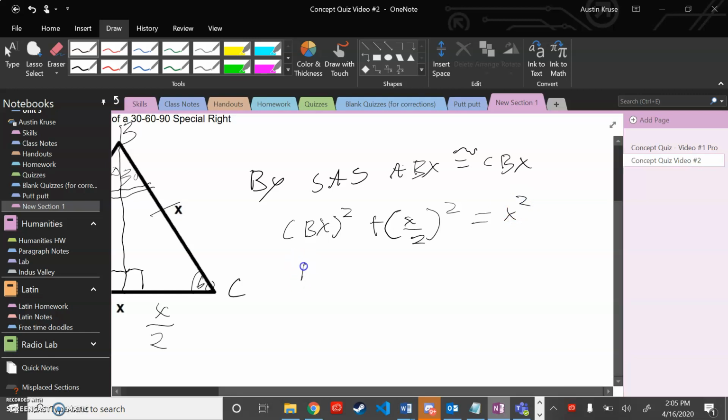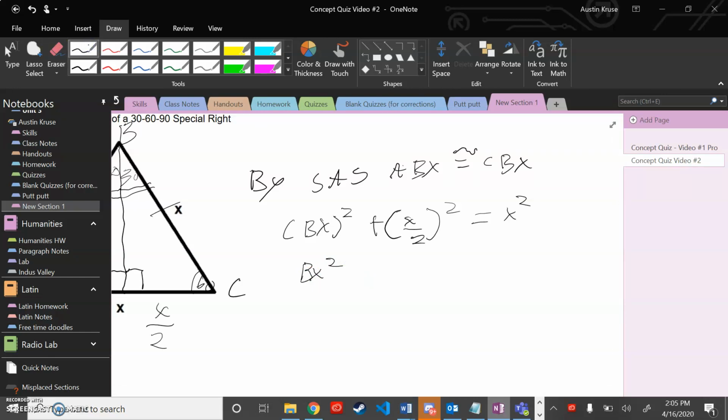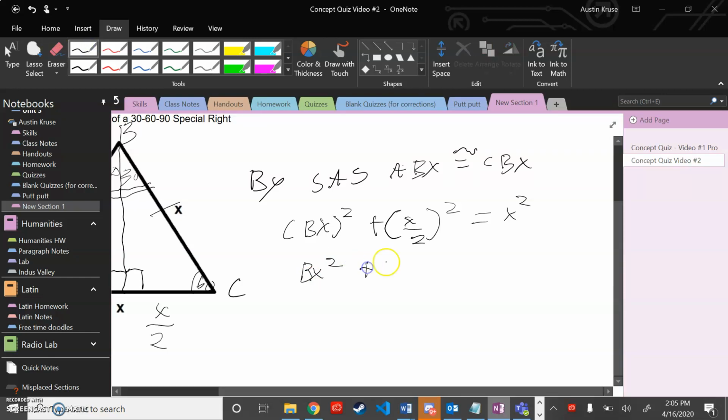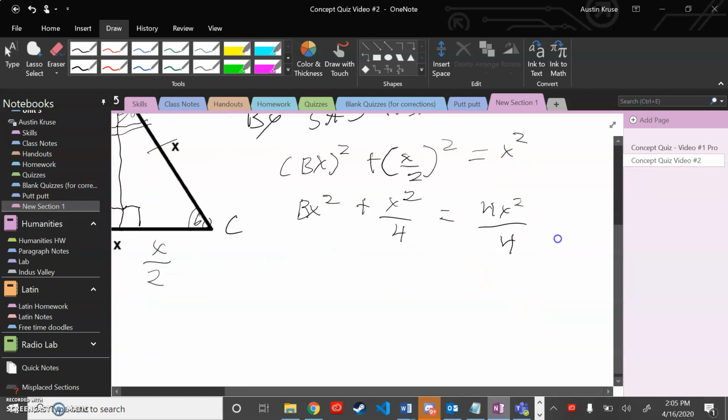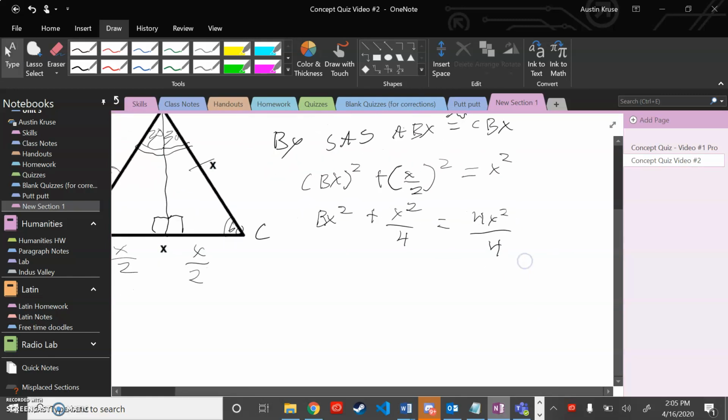So, BX squared plus x squared over 4 equals 4x squared over 4. This is still the same thing as x squared because 4 divided by 4 is just nothing. Alright.